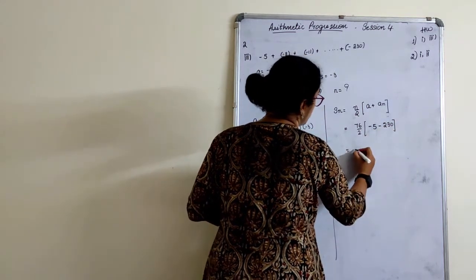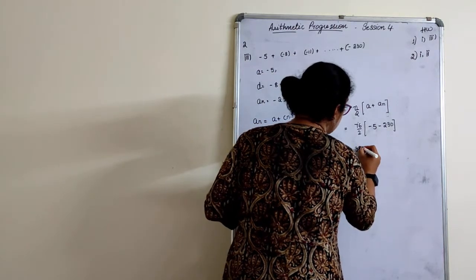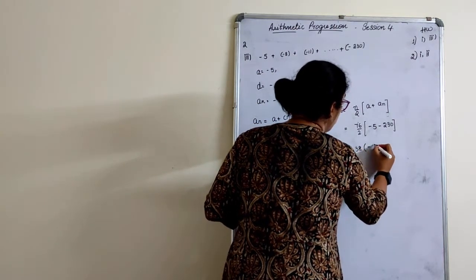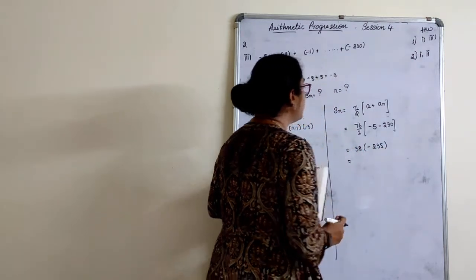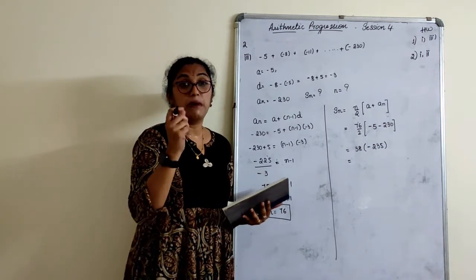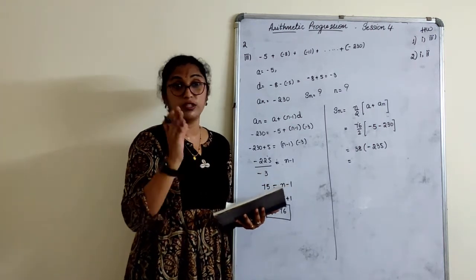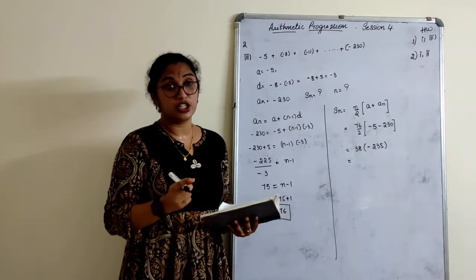76 by 2. So 2 3s are 6. 1 carry over. 2 8s are 16, into minus 235. So only thing here in Sn is you have quite large numbers for multiplication, division, addition. Especially for multiplication, you get very large numbers here.